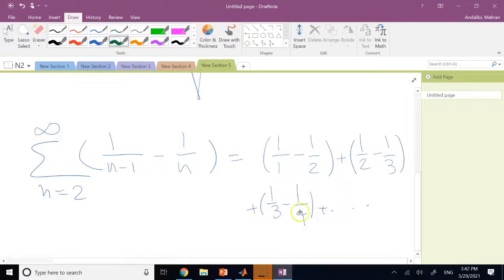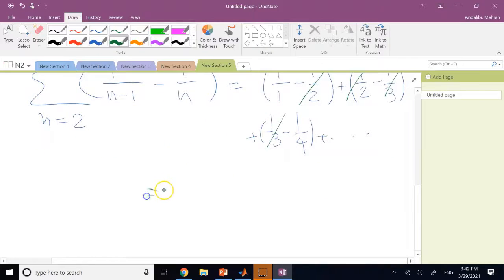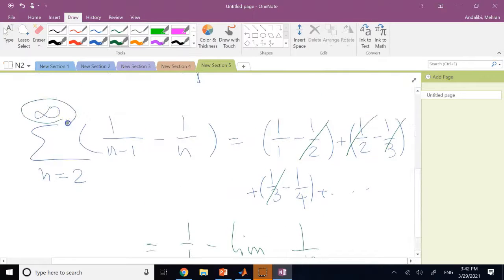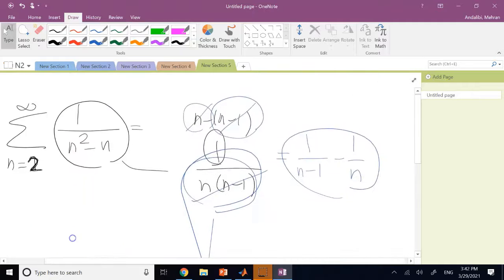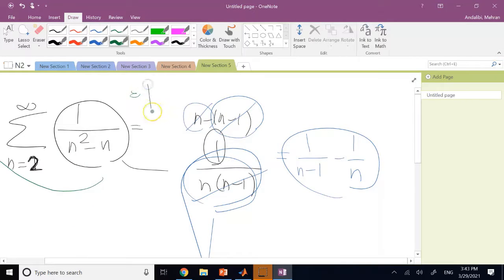If you look, each term would cancel one of the previous ones. So what you will get is simply the first term minus the limit of 1 over n as n goes to infinity, which is 0. So the answer is simply 1. Okay? So this summation, the answer is 1.